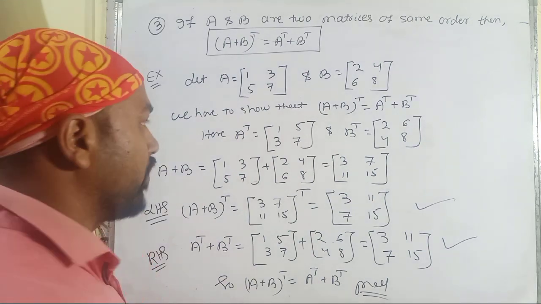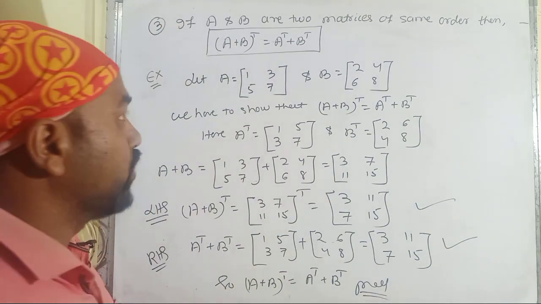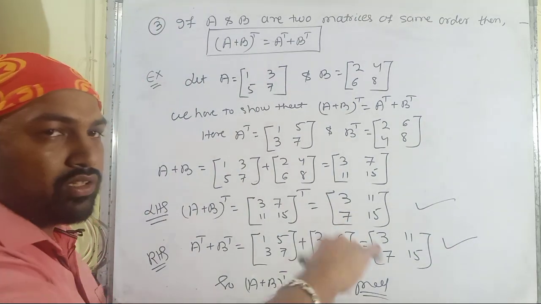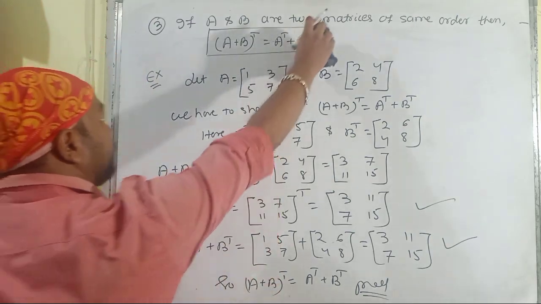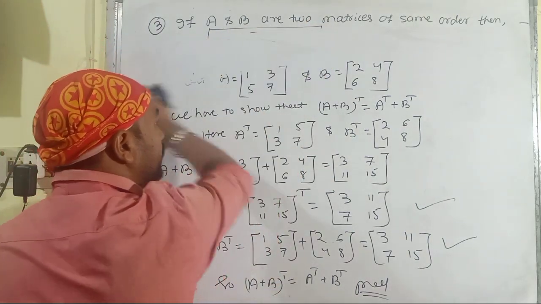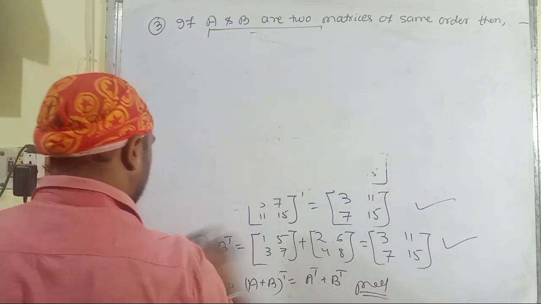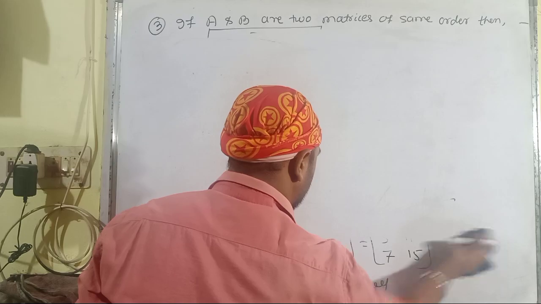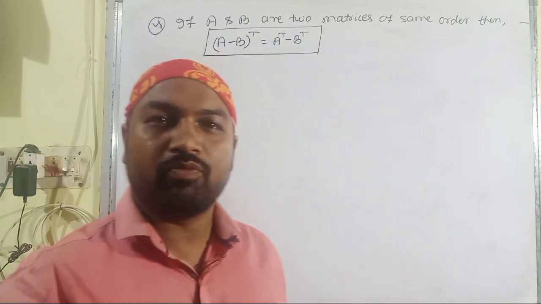Then we will go to property number 4, which is like property number 3, but we have to subtract one matrix from another matrix and we have to prove property number 4. Now let us discuss property number 4.